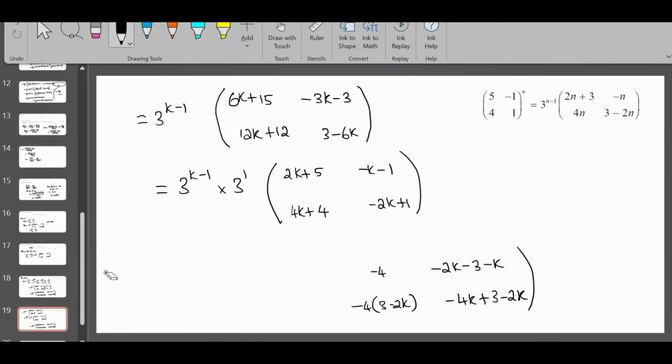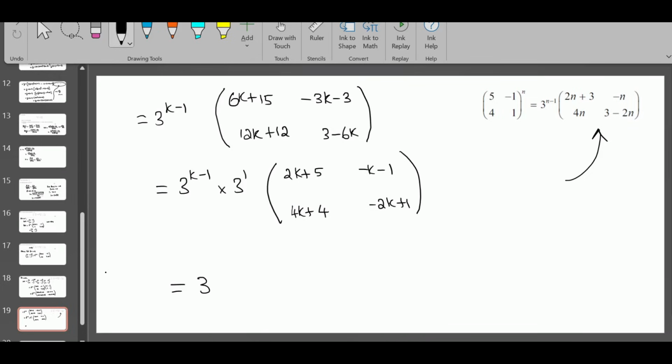Okay. Now I need to write this in this format, where we have k plus 1 in the place of n. So 3 power, it becomes k, right? Plus 1 minus 1 will cancel, but still I'm going to write it as k plus 1 minus 1. And then 2k plus 5, right? I can write it as 2 times k plus 1 plus 3, which is 2k plus 5.